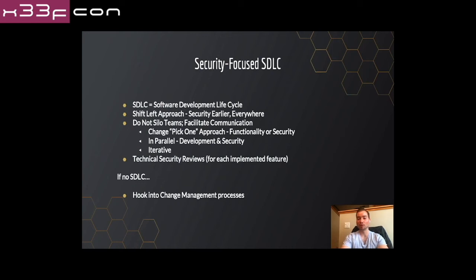You can have both, and that's the fact that these development and security teams can work in parallel together, especially when new features are being released. There could be an iterative approach where security is constantly being checked in these features.